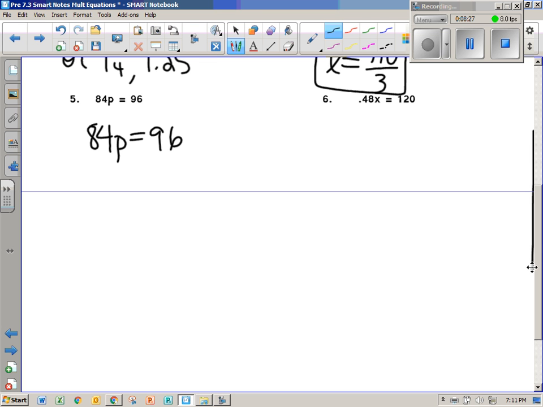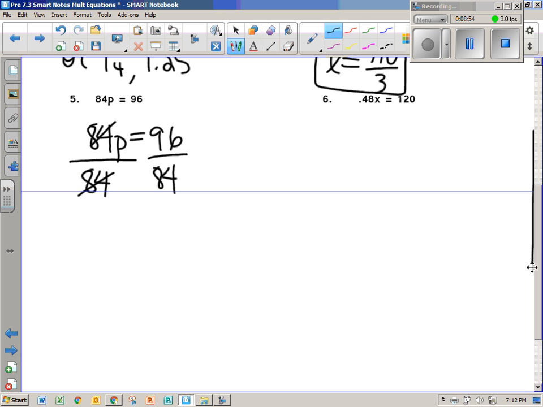But I know it's going to be 1 point something, because if you multiplied 84 times 1, you'd get 84. If it was times 2, you'd get double 84, which would be 168, too big. So just keep that in mind, in case you do something crazy in the problem, you can catch your mistake.